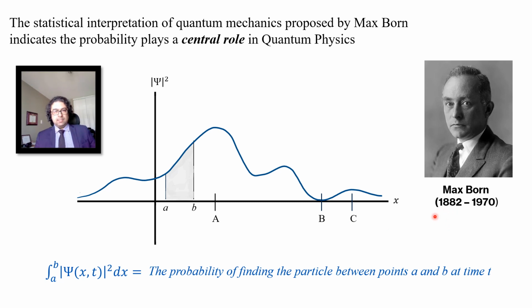Basically, it says that the wave function, or to be more accurate, the square modulus of the wave function, gives us a probability distribution. And once a measurement is done, then based on that probability distribution, you may end up with a particular result.